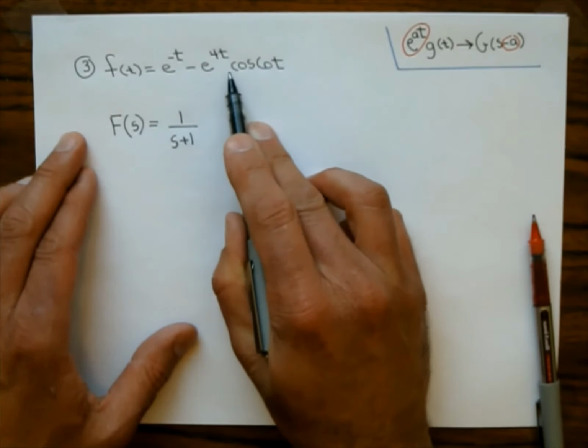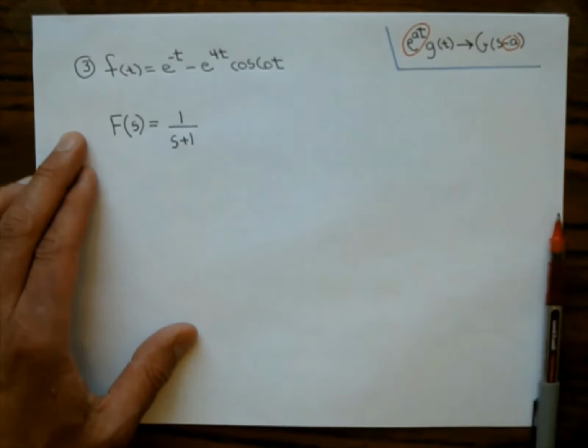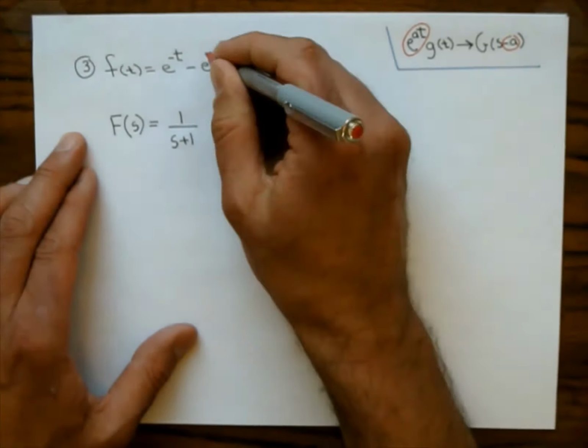This one's going to be something that we can't do straightforward. We have to use the first shifting theorem. So let me circle this part in red. I'm going to temporarily ignore that and say, do I know how to find the Laplace transform of cosine 6t? And the answer is yes. That's the one with the s on the top.